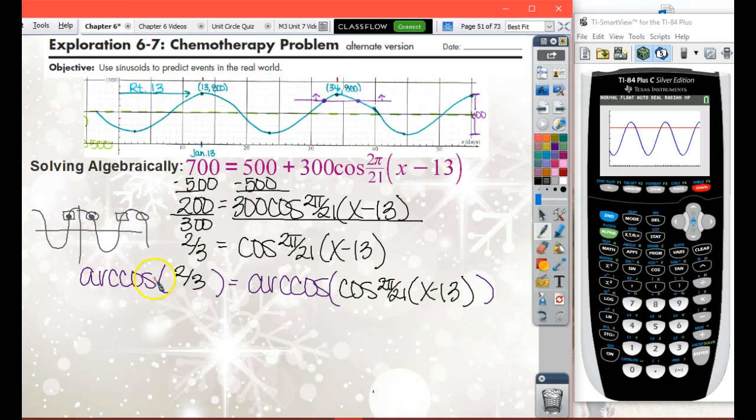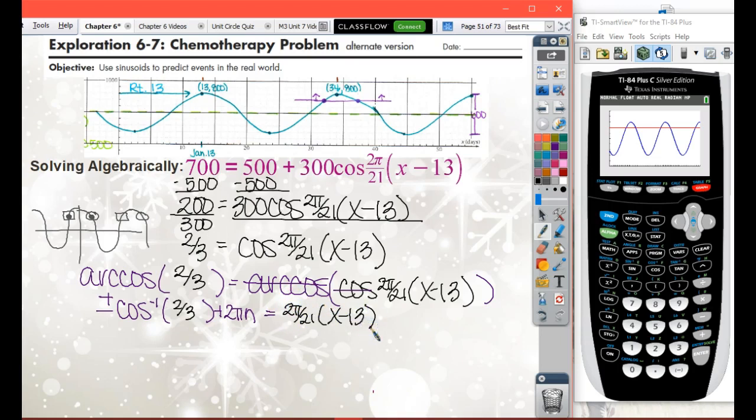So the definition of arc cosine is plus or minus cosine inverse, and in this case that's going to be of 2/3 plus 2 pi n. So then over here what makes this problem nice is these are inverses of each other, so they cancel, and I'm just left with 2 pi over 21 times x minus 13.